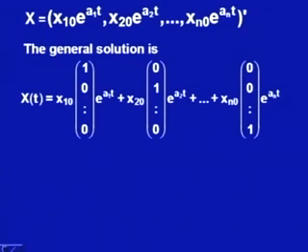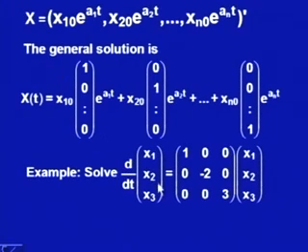If you sum it up, the first component will be x10 e^(a1 t), only this contribution will be coming. For the second component, the contribution will be coming from the second term only, and for the nth component the contribution is coming from the nth term. So, one can write this general solution in this form. So, x(t) is a linear combination of these solutions.